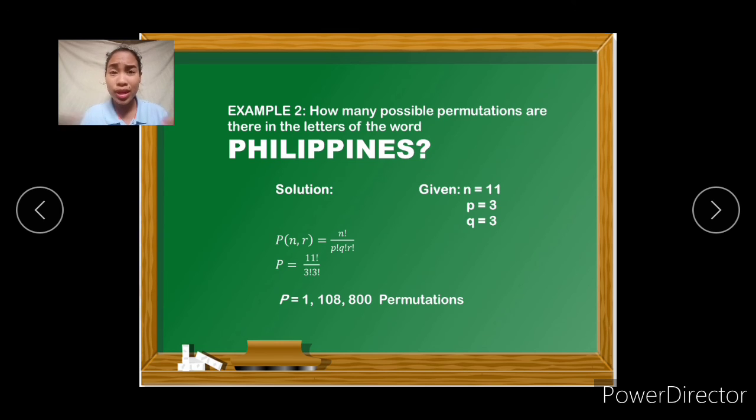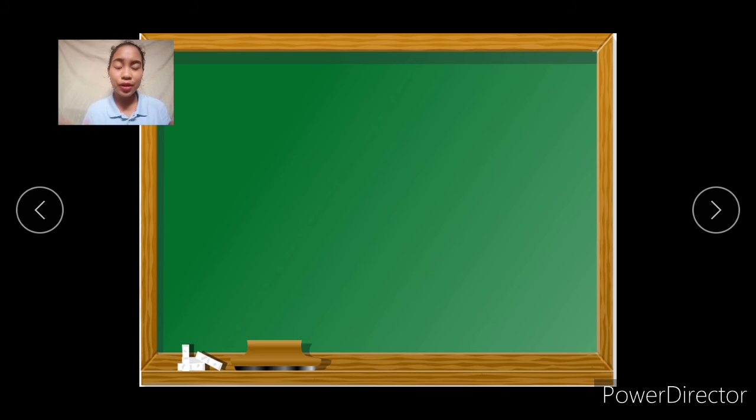So you can just solve it in the calculator. We can get 1,108,800. So our P now is 1,108,800 permutations.